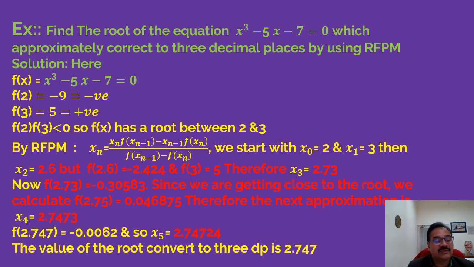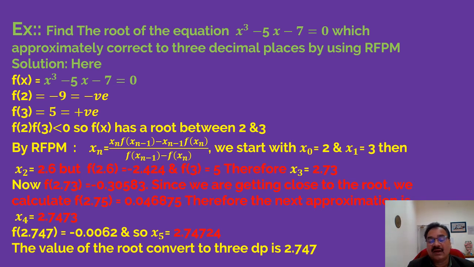Then x2 is equal to 2.6. So if x1 is 3, just to check, then by using this formula you will get x2 equal to 2.6. If you put 2.6 here, you see the value f of 2.6 is minus 2.424, but f3 is 5.